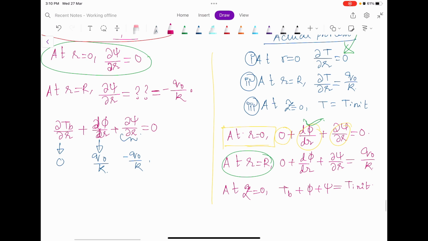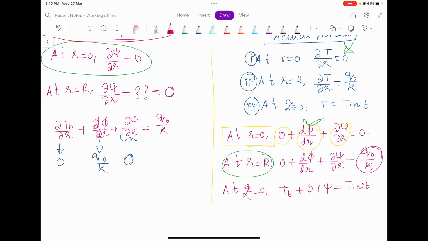Okay, I have made a mistake, I apologize for this. Here it is q naught by k, and in total you have to have the RHS q naught by k. So this must be 0, because we already have the q naught by k. You understand why?